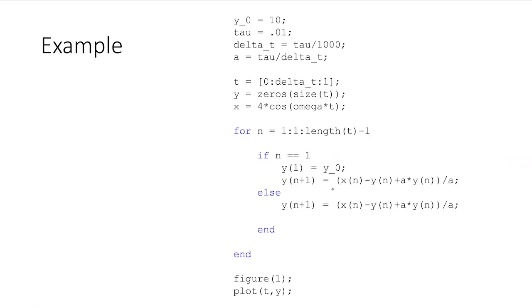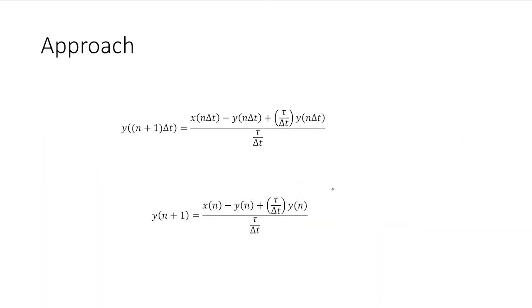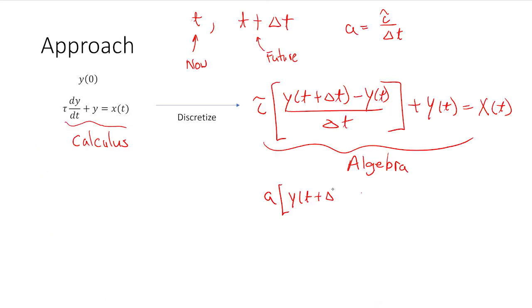Tau over delta t. That's what I thought I did. Sorry. A is tau over delta t. So what I'm doing is rewriting this top expression as A times y of t plus delta t minus y of t.